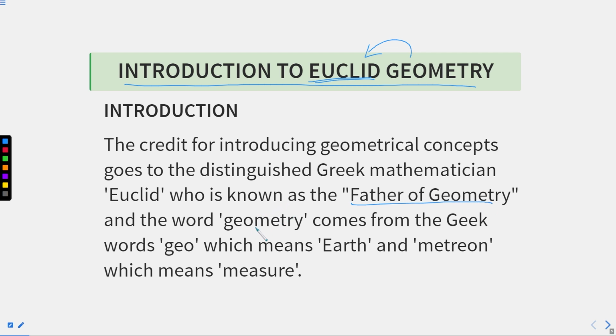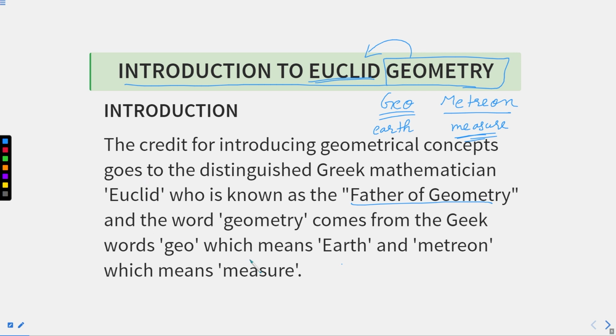If you break down the word geometry, it comes from geo plus metron, in which geo means earth in the Greek language, and metron means measure or measurement. So it is basically earth measurement. I hope this quite interesting fact is clear to you.